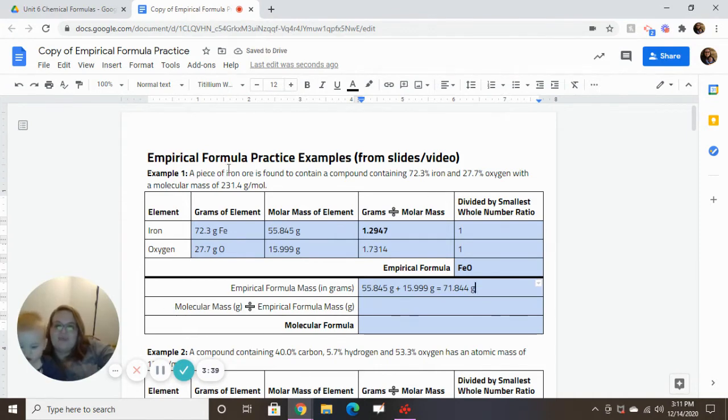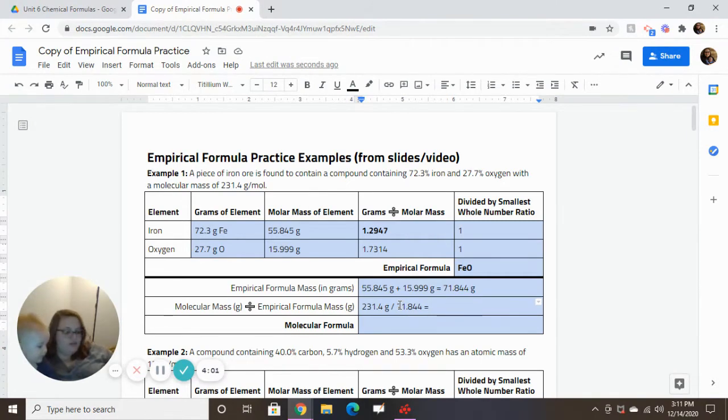So I'm going to take the molecular mass as found in my problem, which is right up here, 231.4 grams. I'm going to divide that by the empirical formula mass we just calculated, 71.844, and I'm going to round this to the nearest whole number.